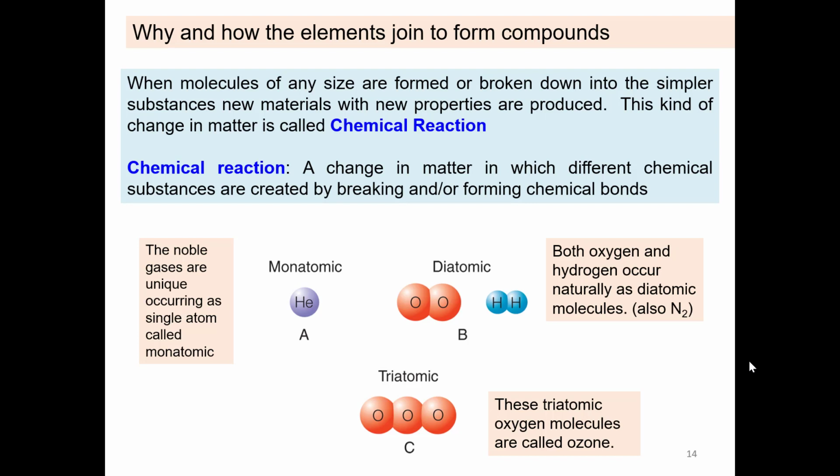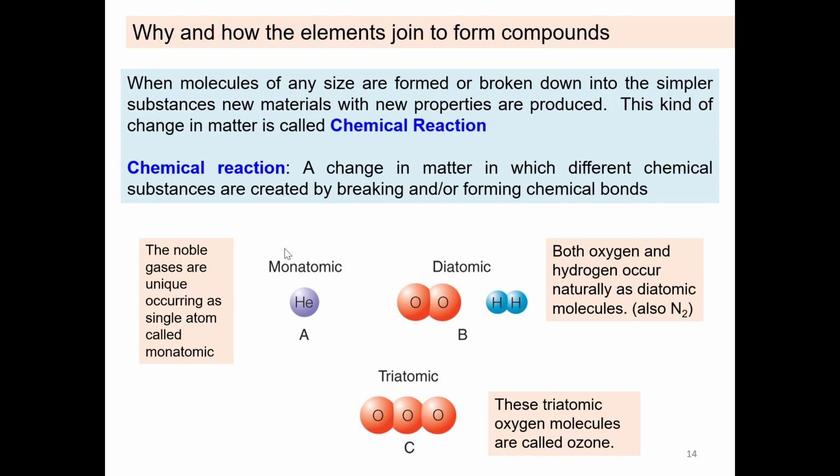And when the ions or the atoms or the molecules react, they form a new compound with new properties. Sometimes, if the elements are stable, which is the case of the noble gases, they can occur as single atoms, and this is called monoatomic.